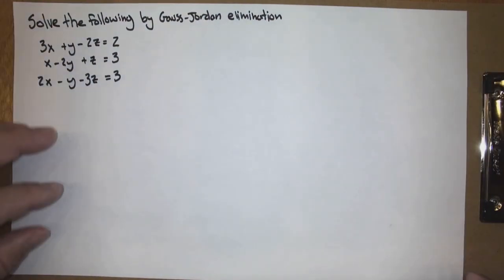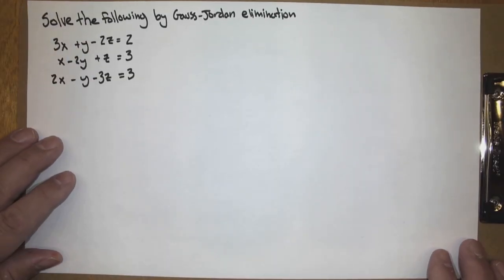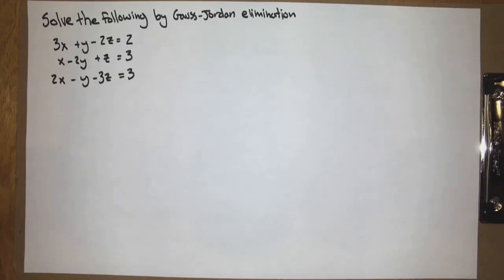Let's see if we can make progress here. Solve the following by Gauss-Jordan elimination. And by the way, computers love this. Computers love solving linear systems of equations. If anything, computers are designed to work with matrices. They're big matrix machines.